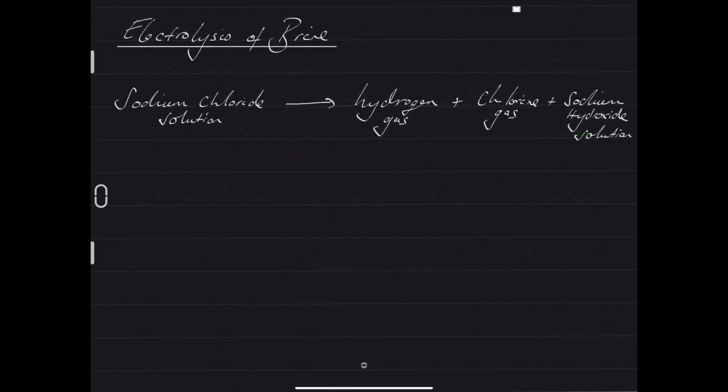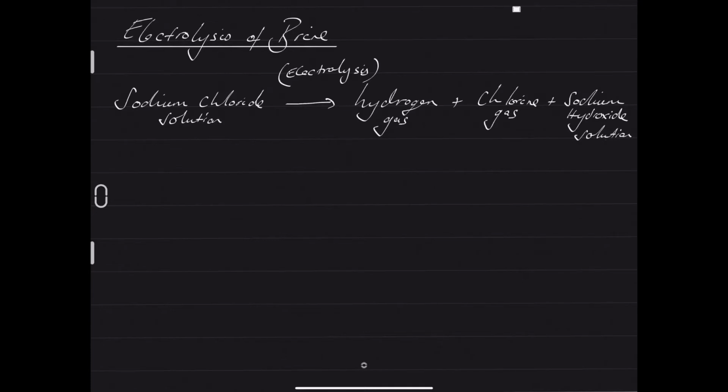You have the word equation for the electrolysis of brine, and I want you to take the word equation down. Sodium chloride under electrolysis will give us hydrogen gas, chlorine gas, and sodium hydroxide solution.